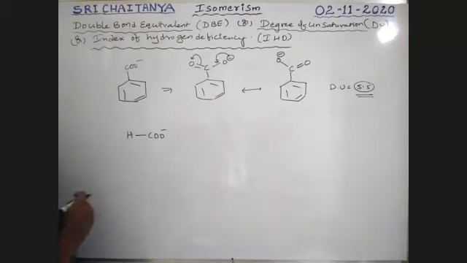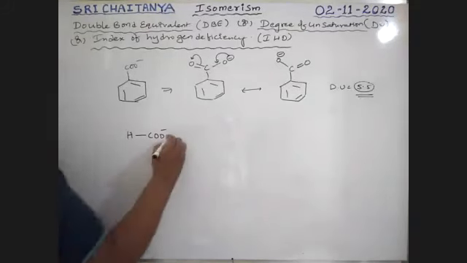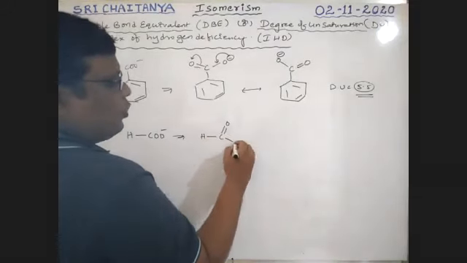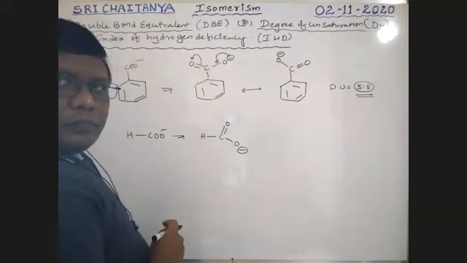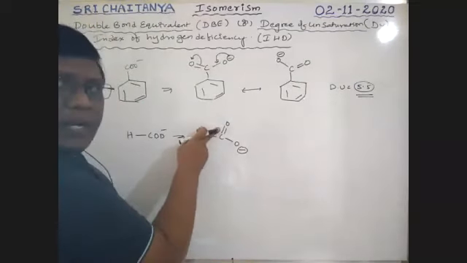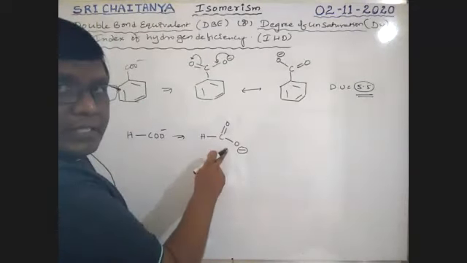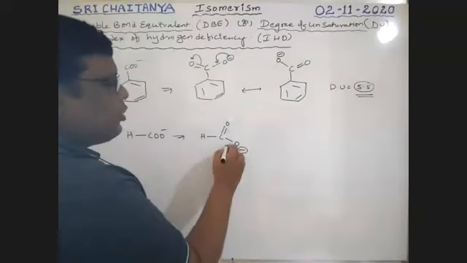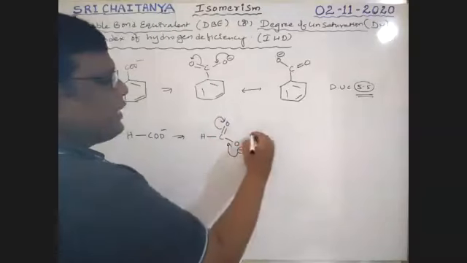HCOO minus. HCOO minus, see here. I am writing as C double bond O minus. Actually, we feel this one as 1, but it is in resonance, boys. That means this lone pair is here, this pi bond is here.